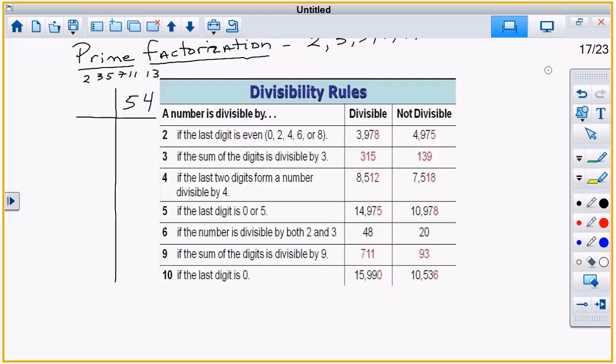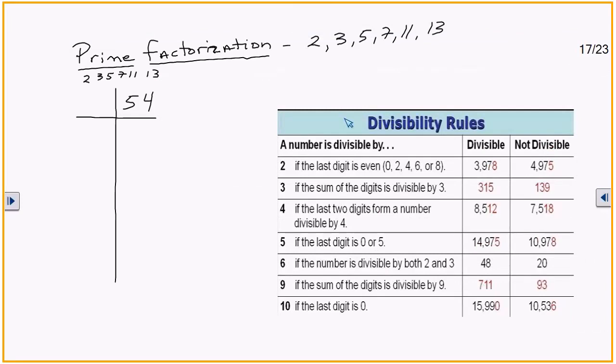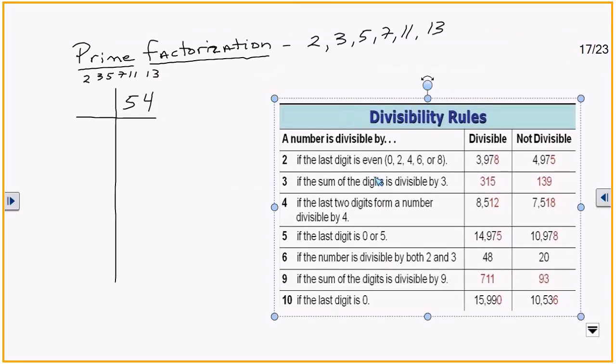Now, those of you that have had basic math before, whether it's been 1,000 years ago or last year, some of you may remember this division. Go ahead and look at it. Most of the time, I'm going to use 2 or 3 to begin with. But what if it ends in 5 or 0? Then I know it's divisible by 5.